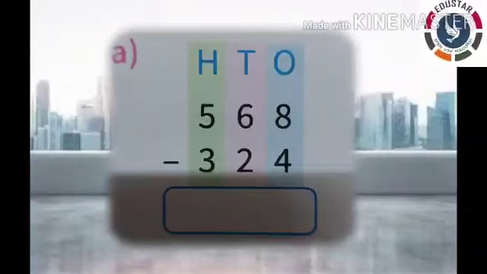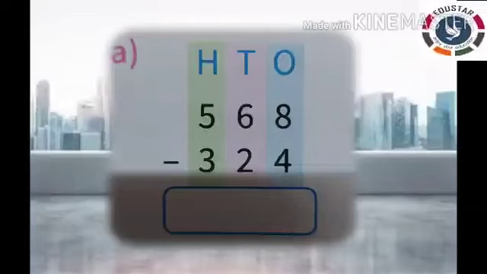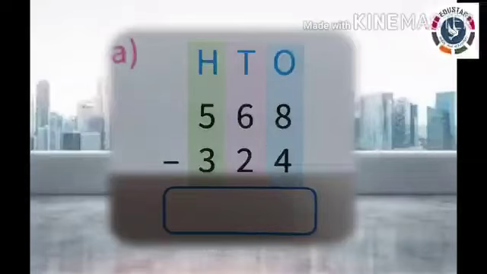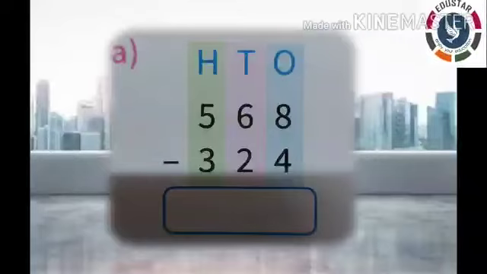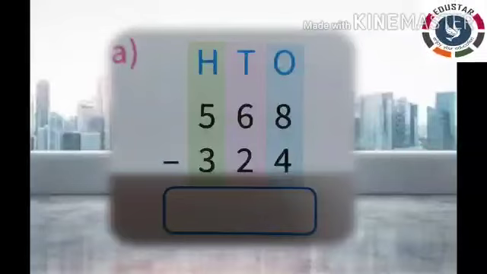In a sum, we have three columns. Ones column, tens column and hundreds column. This is called minus symbol or minus sign. If we see this symbol, we have to subtract the numbers. Okay.